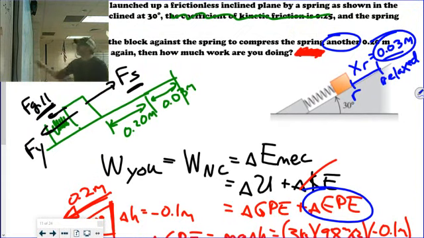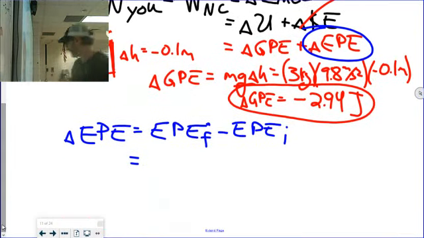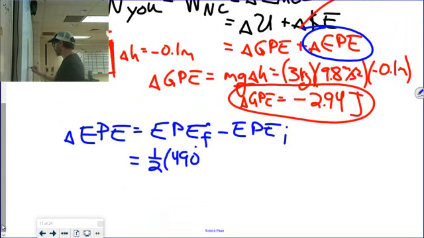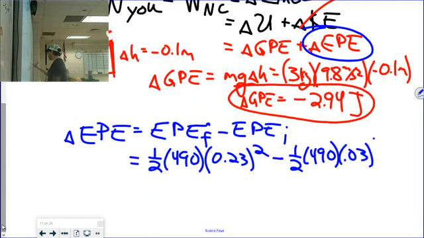And then after we compressed it, it was compressed 0.23 meters, right? The 0.2 that we squished it plus what it had already been squished. Okay, so here we go. This is 1/2 times k times our final x, 0.23 meters. Don't forget to square it. Oops, I want minus. So that's my final elastic potential energy minus my initial. All right, and plug that into your calculator, and you get 12.74 joules.